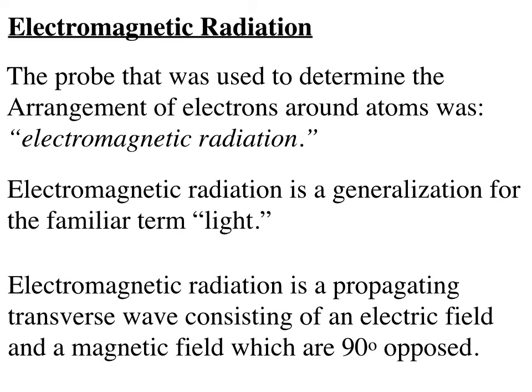So as light propagates through space, it is constantly generating electric and magnetic fields. And as it generates these electric and magnetic fields, it enables the light to move through space. And we'll try to show a little bit about that on the next cartoon.